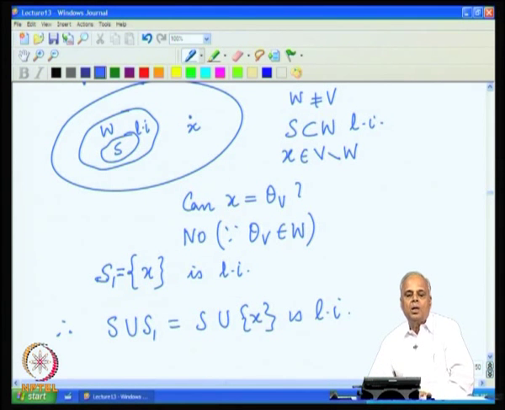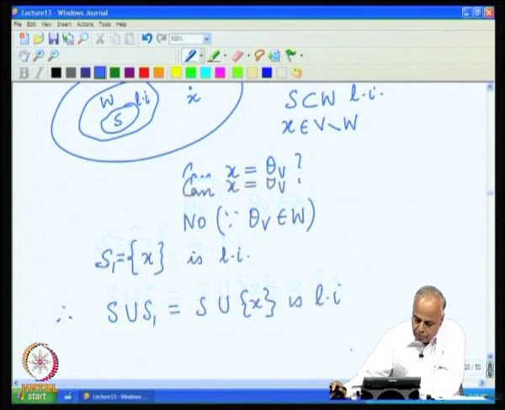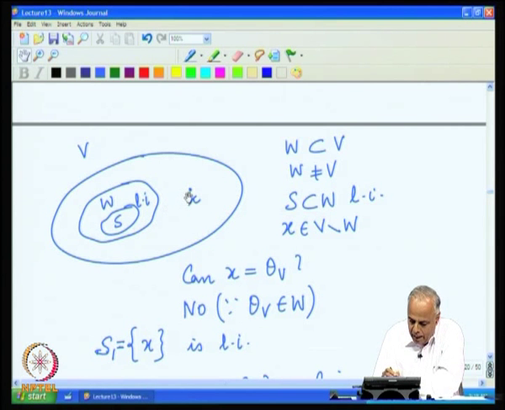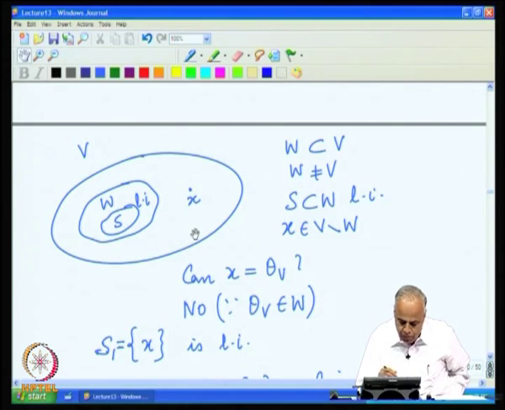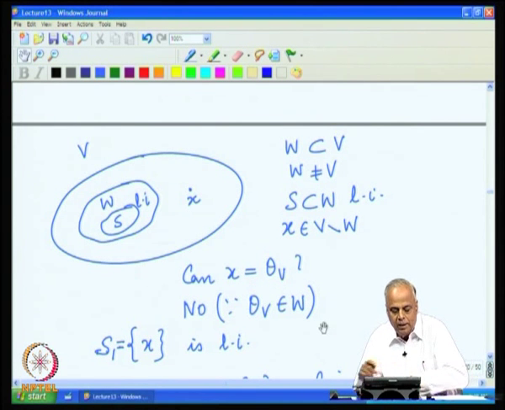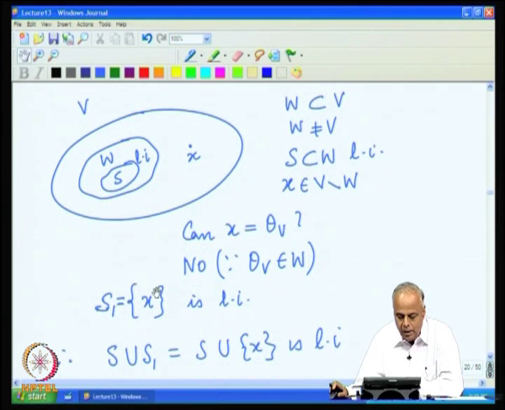So, in other words, if you take a subspace and inside you have linearly independent vectors and you pick some other vector from outside and append it to your linearly independent set in W, it still retains its linear independence. Okay. So, if you take a vector x outside W and append it to the original linearly independent set, it remains linearly independent.